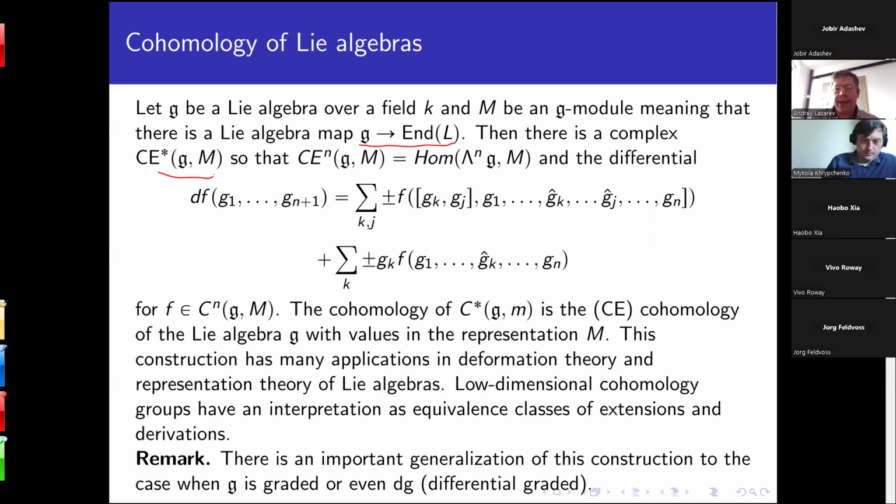The group of nth cochains is the group of multilinear homomorphisms from G into M, which are skew-symmetric. So in other words, it's just homomorphisms from the nth exterior power of G into M.